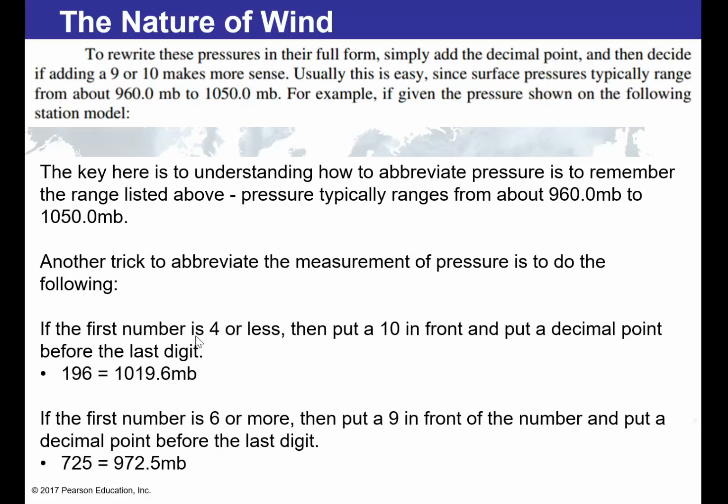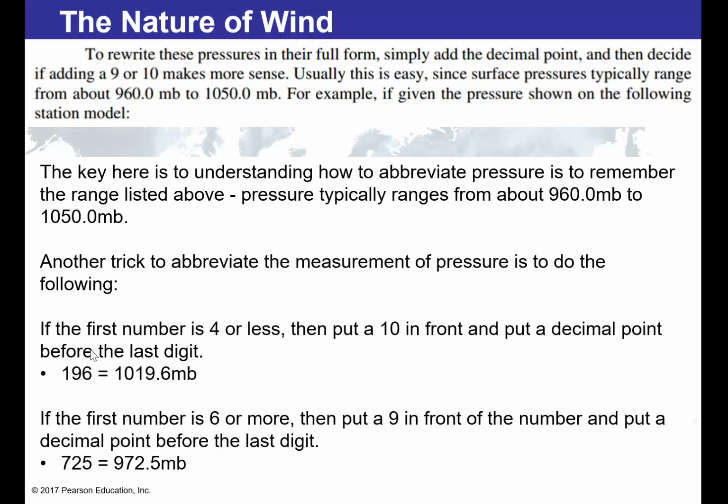If the first number is 4 or less, then we add a 10 in front of the complete number and put a decimal point before the last digit. Again, this is looking at a station model. If a station model is showing us this for air pressure, we can convert it by adding a 10, because the first number is 4 or less, and then adding a decimal point.